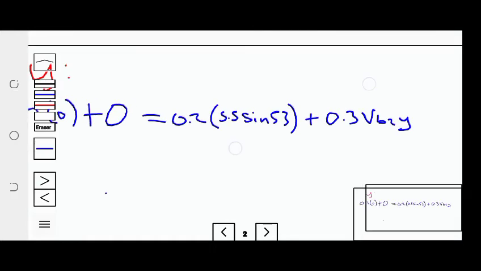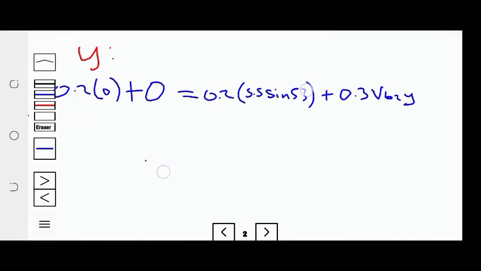Okay, so all this will result in a 0, and then this would become 0.2 multiplied by 5.5 sine 53, and that's going to give you 0.87.